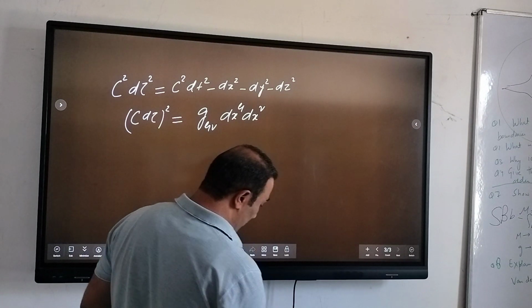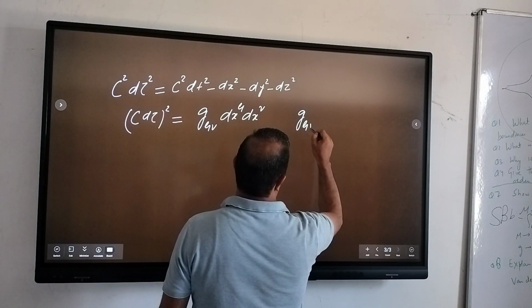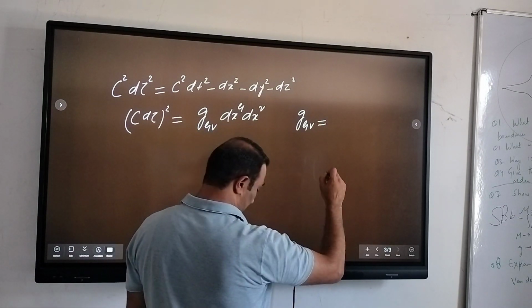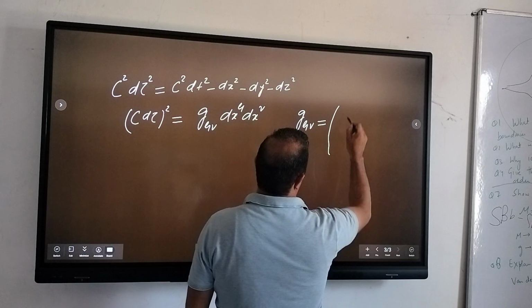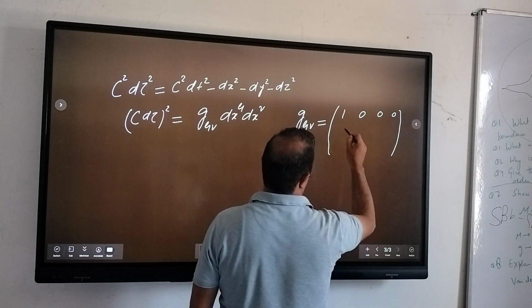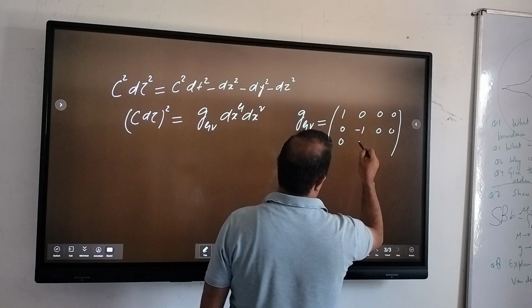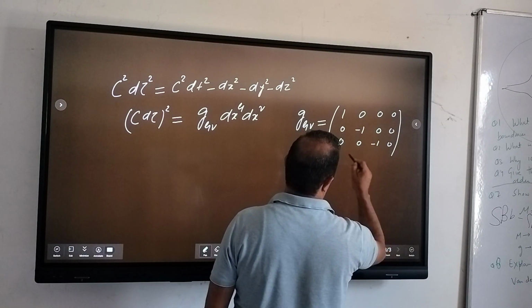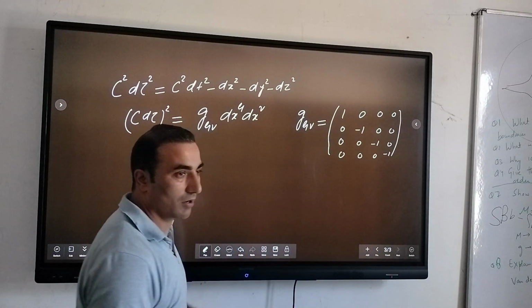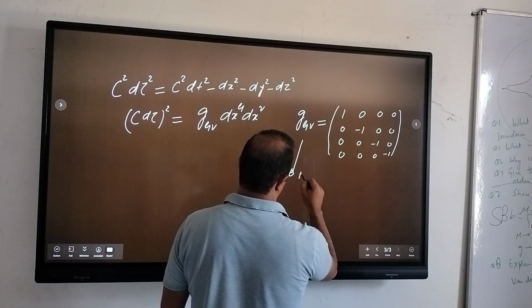That means this g mu nu is our Minkowski matrix, and this is the form of the matrix.